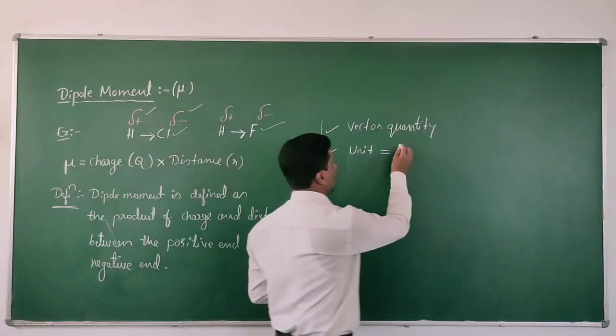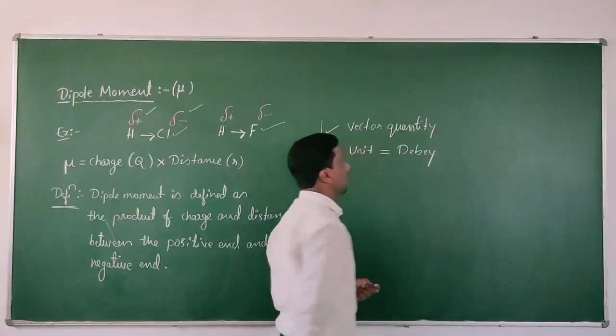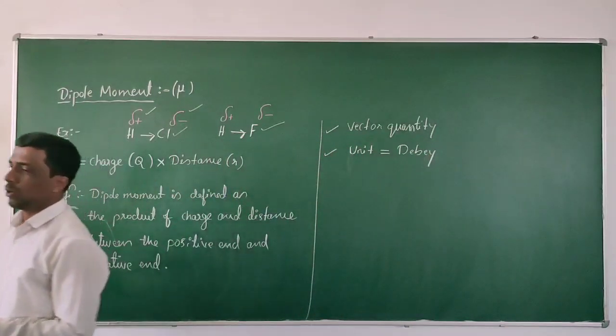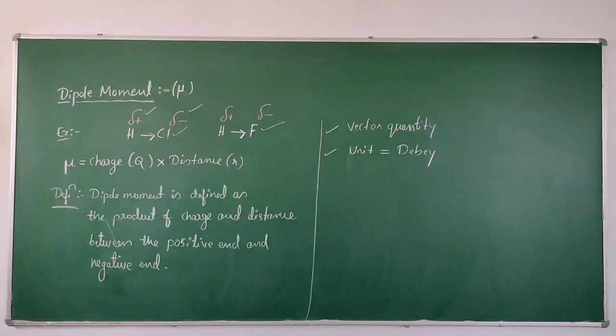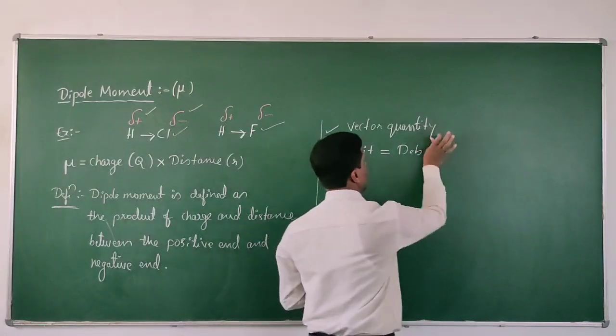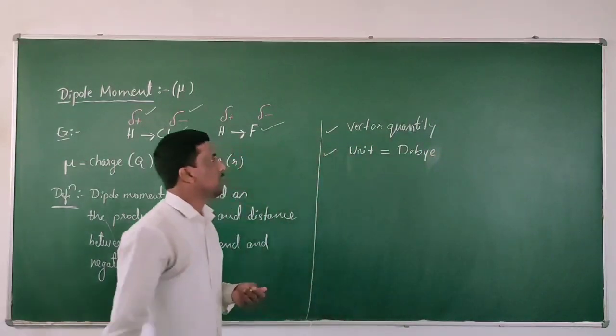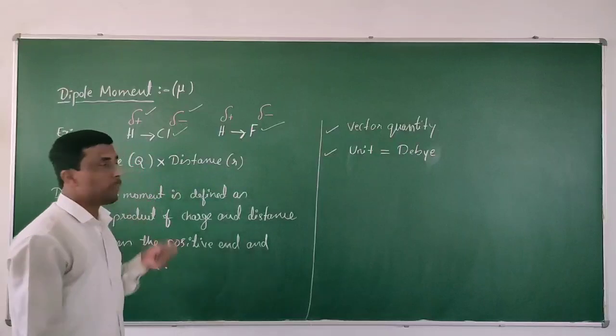What is the unit for dipole moment? That is Debye. Debye is the unit of the dipole moment.